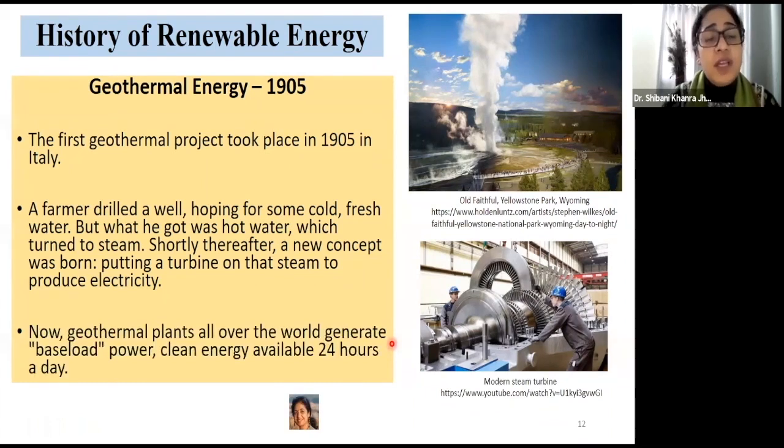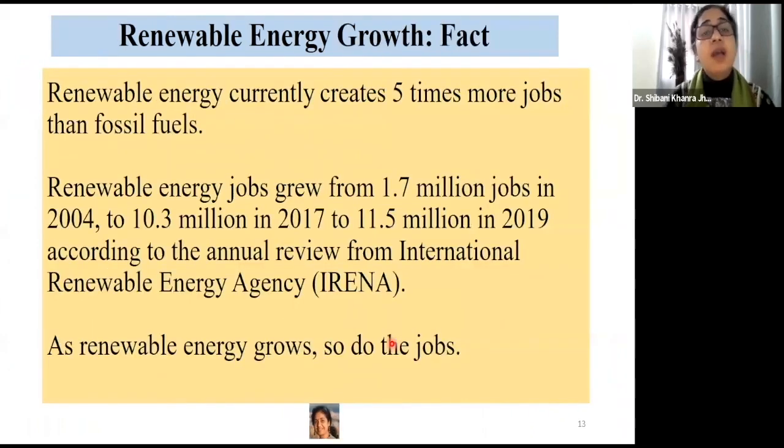Now, if we look at the worldwide status of geothermal plants, geothermal energy contributes as baseload power, clean energy available 24 hours a day. An important aspect of the growth of renewable energy is that it is currently creating 5 times more jobs than the fossil fuel domain.